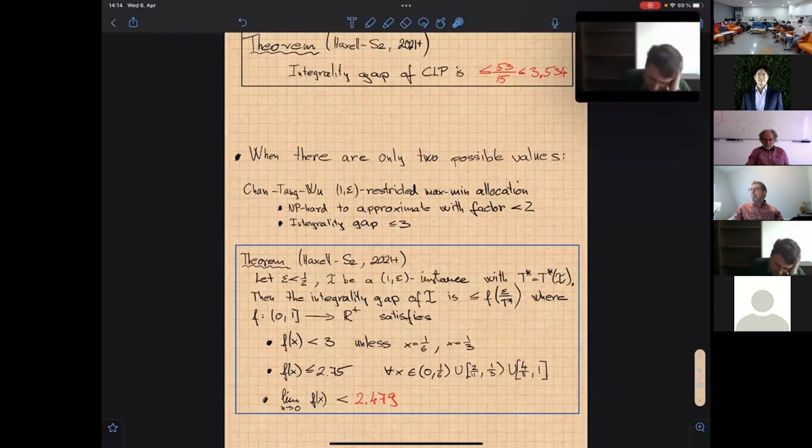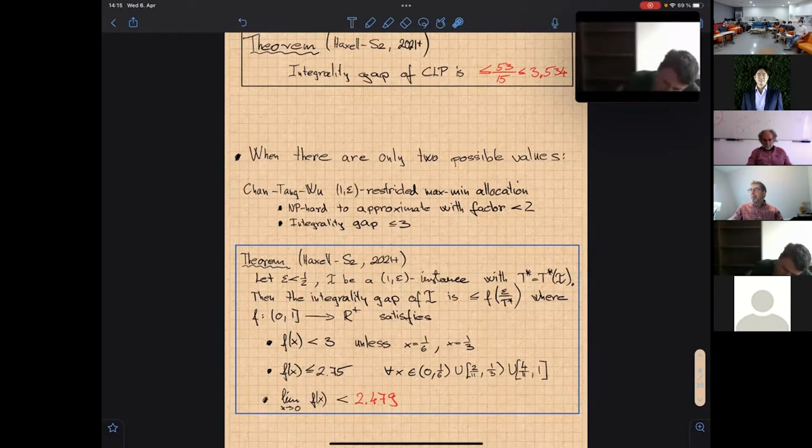It's almost always better than 3. In a significant portion of the parameters, it's better than 2.75. This is somewhat arbitrary, but in the limit, when x goes to 0, this is 2.479. So this is the limit of at least our method at the moment in this example.